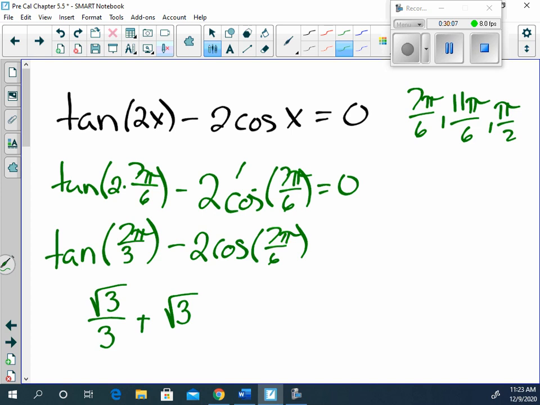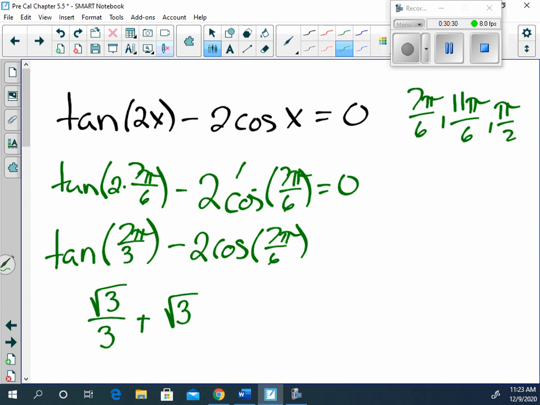So this here does not work as an answer. It is a solution of the factored equation, it's just one of our ones that does not work.